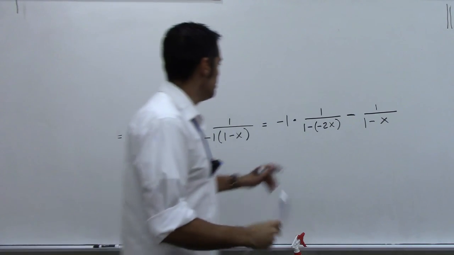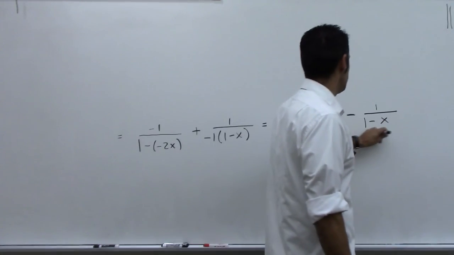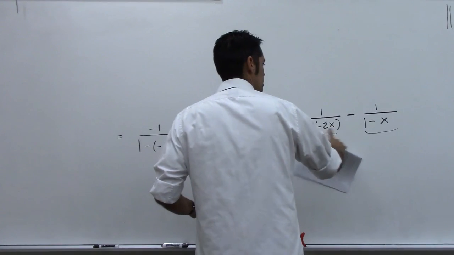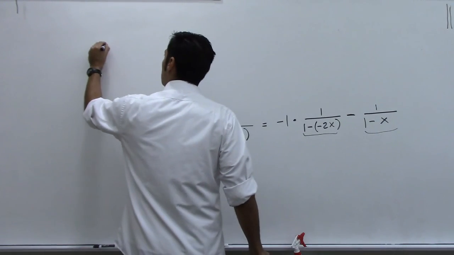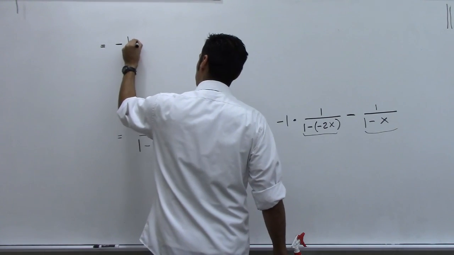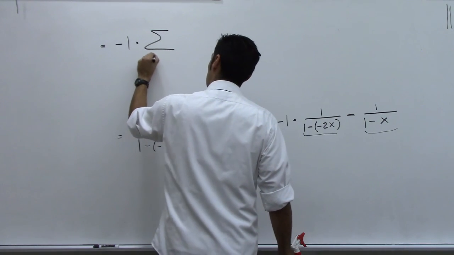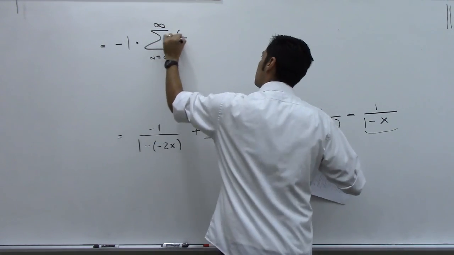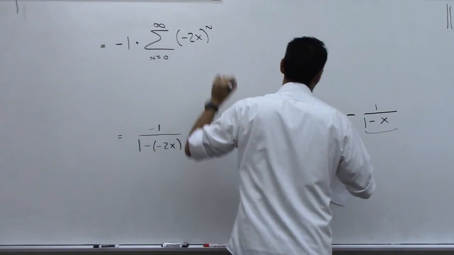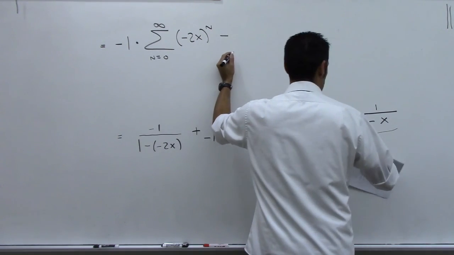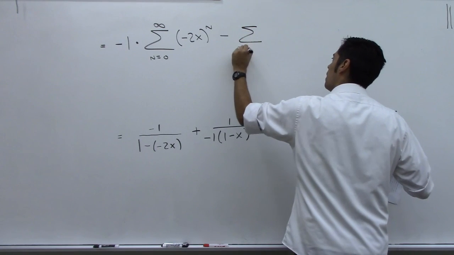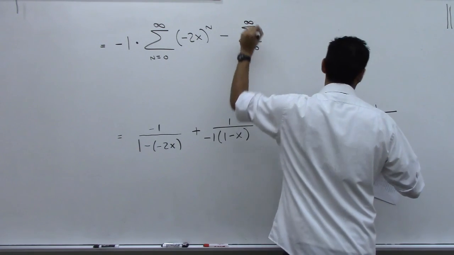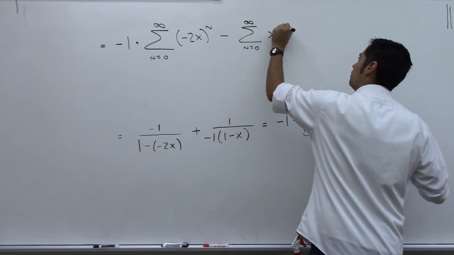All right, these two I can represent with power series, and this is u and this is u. So I have the sum of -2x to the n, and then minus another one right here, which will be sum n equals 0 to infinity, and then x to the n.